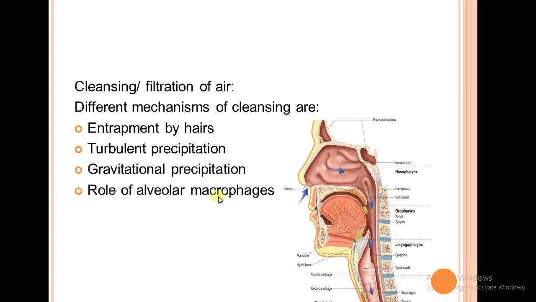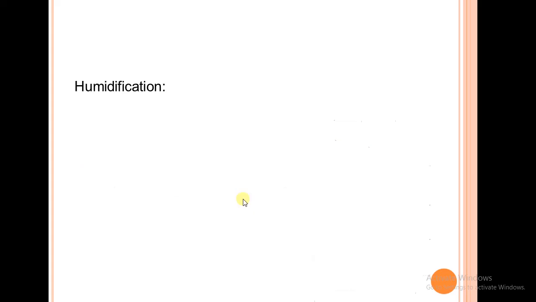So most of the air is clean, but if very small particles having a size less than 1 micrometer are still present in the air, they are removed by the macrophages which are present in the walls of the alveoli. So alveolar macrophages are going to remove those particles, and in this way the air is cleaned up as it is inhaled. So this is the mechanism of cleansing or filtration of air.